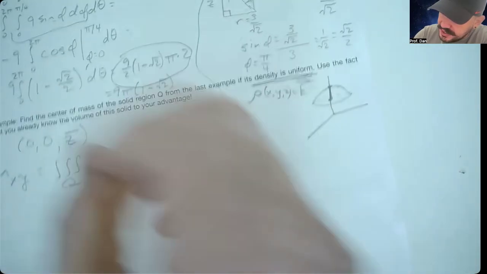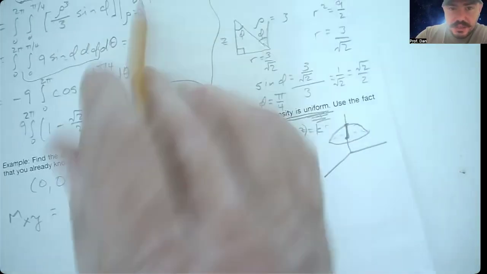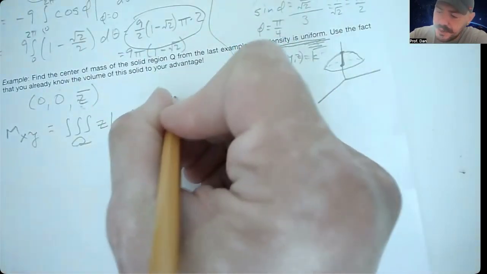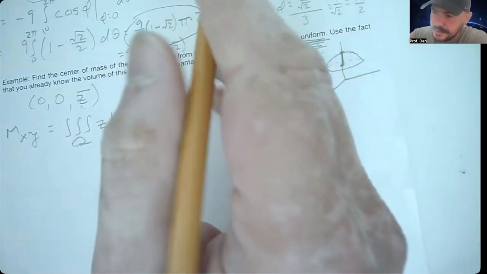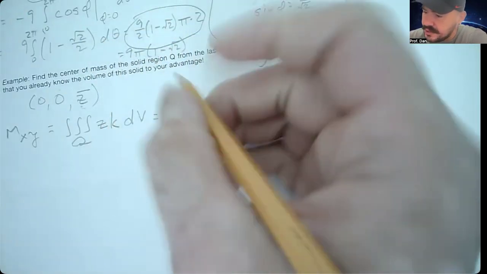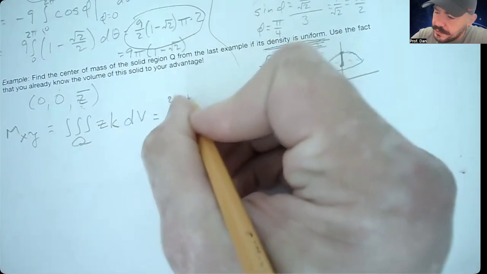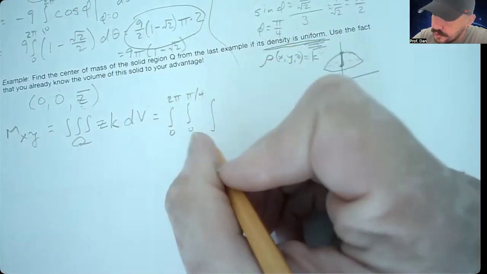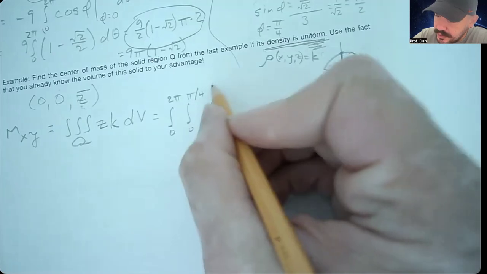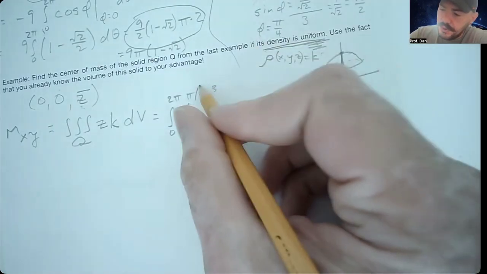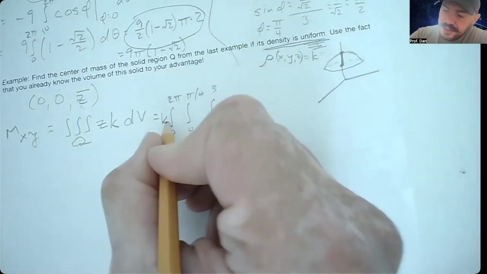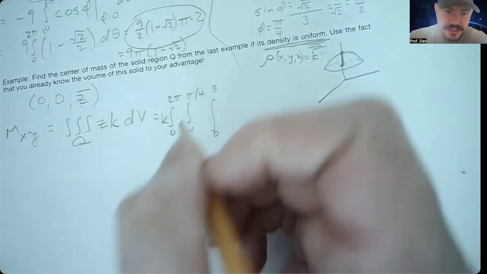we're going to take the same setup that we did when we set the integral up for region Q in the last example. So we're going to have 0 to 2 pi for theta, 0 to pi over 4 for phi, and 0 to 3 for rho. k is a constant, so k can come out in the front, and I need to not forget it.